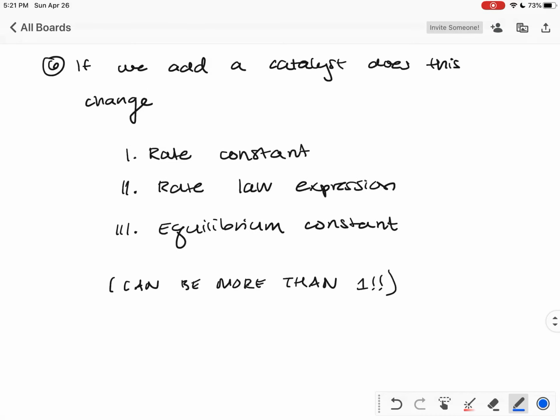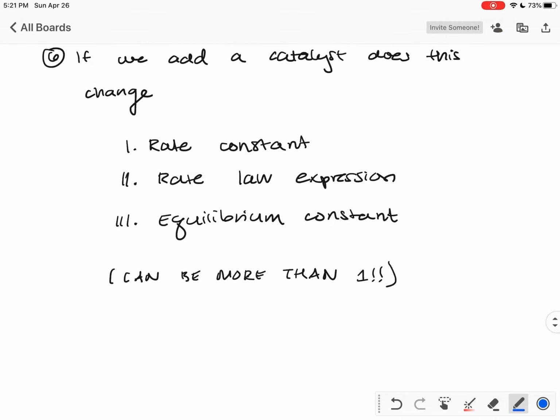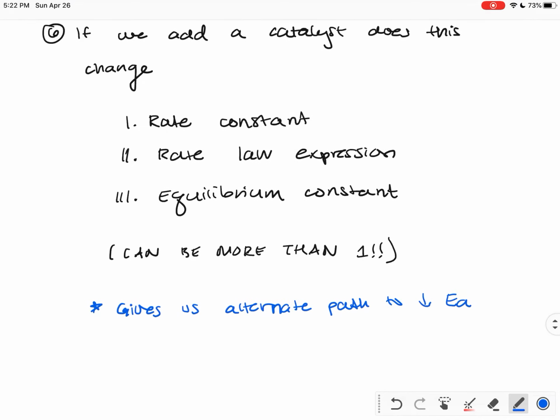Okay, and then last but not least, if we add a catalyst, what does this change? Our options are rate constant, rate law expression, and equilibrium constant, and it can be more than one. So let's first think about what exactly a catalyst does. Remember, a catalyst gives us an alternate path to decrease activation energy.